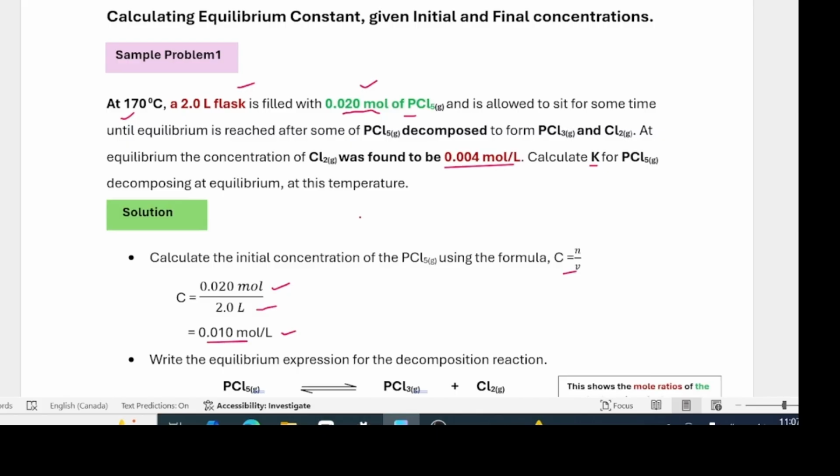We have just found the initial concentration of phosphorus pentachloride to be equal to this. And now they're also telling us that at equilibrium, that is the concentration of chlorine that was established. So go back to our ICE table now. Let's see what we can insert.